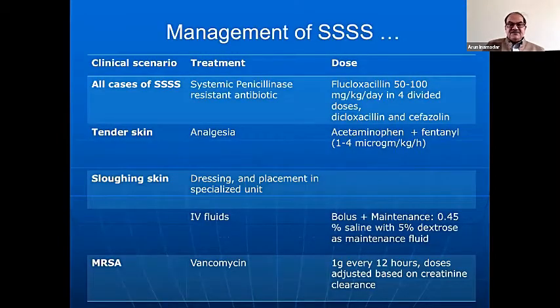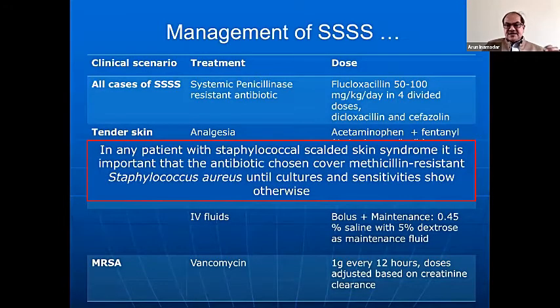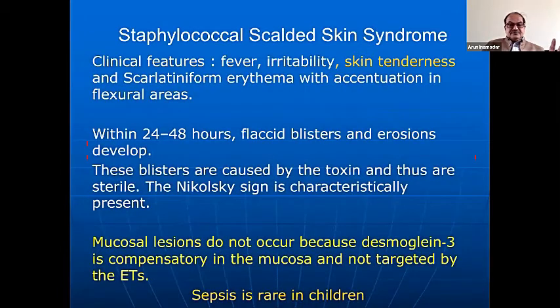We know the management very well. How do you treat it? In any patient with staphylococcal scalded skin syndrome, it is important that the antibiotic chosen should cover methicillin resistant Staph aureus until cultures and sensitivities show otherwise. We also know the different clinical features, which I'm not going to repeat again.